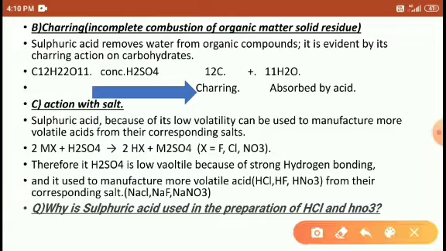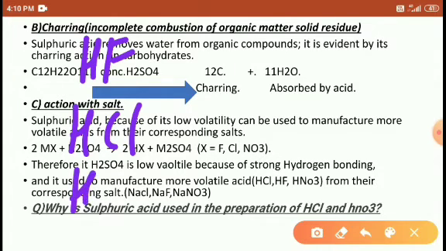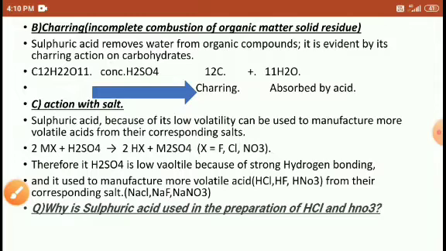Right, students? So here HF is more volatile, HCl is more volatile, and HNO3 is also more volatile. These more volatile components are produced by the sulfuric acid.